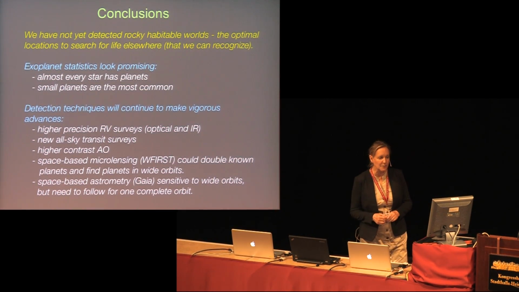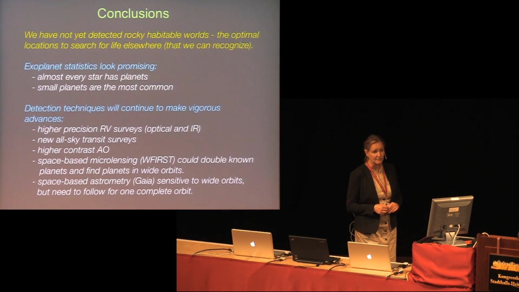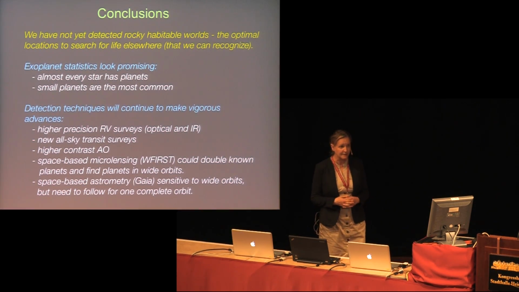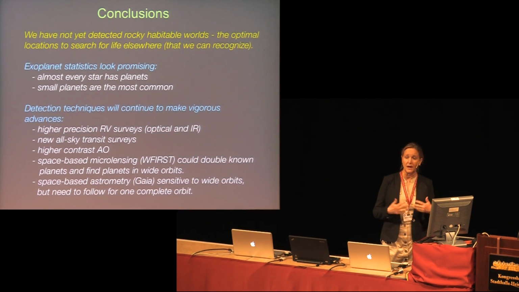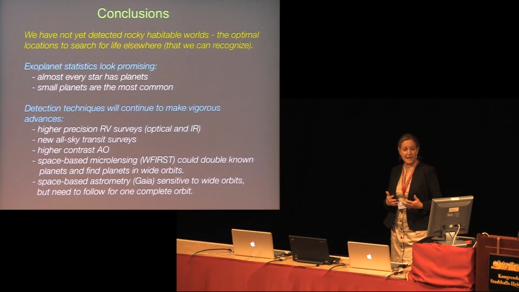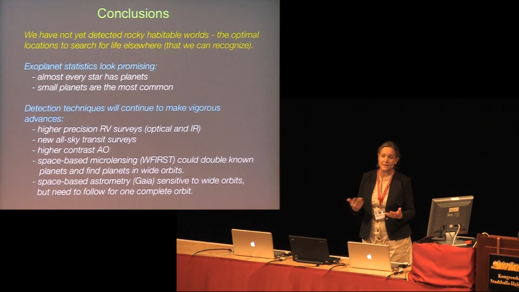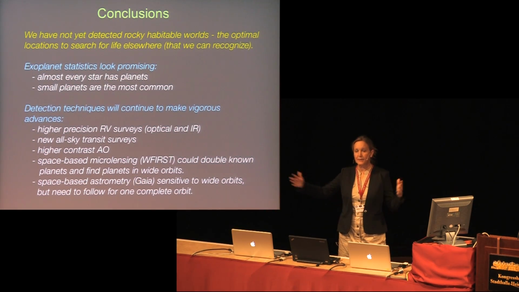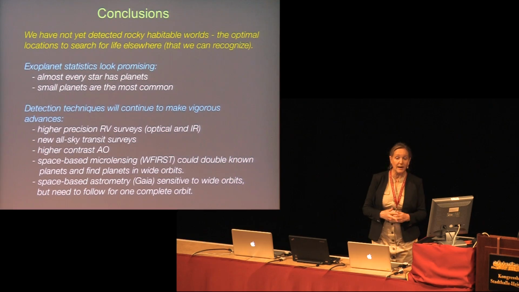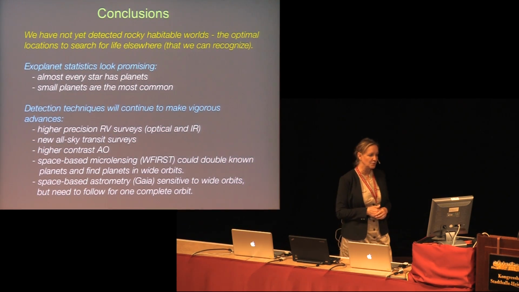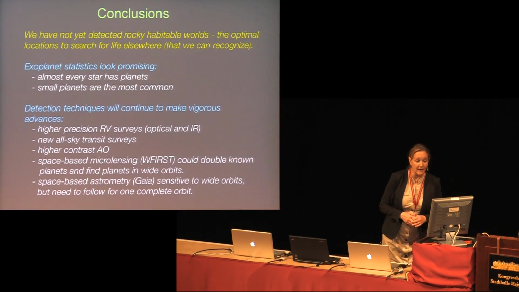We're going to have higher precision radial velocity surveys, both in the optical and in the infrared. There will be new all-sky transit surveys, and new high-contrast AO systems are coming online and are planned for the future. There'll hopefully be space-based microlensing missions like WFIRST that could double the number of known planets and find planets in wide orbits, something that we're not so sensitive to with the other techniques except for direct imaging of large planets.